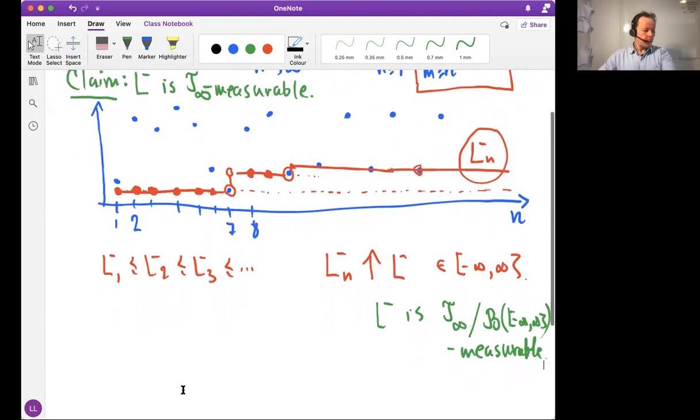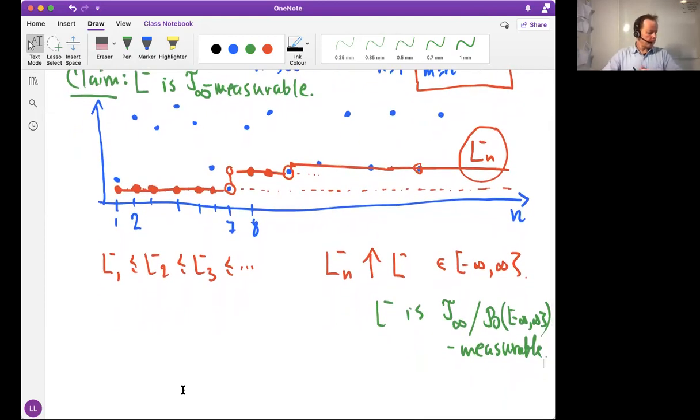So we have an increasing sequence, and then we could look at this L minus n. We know that it's an infimum of x_m over m bigger than n.